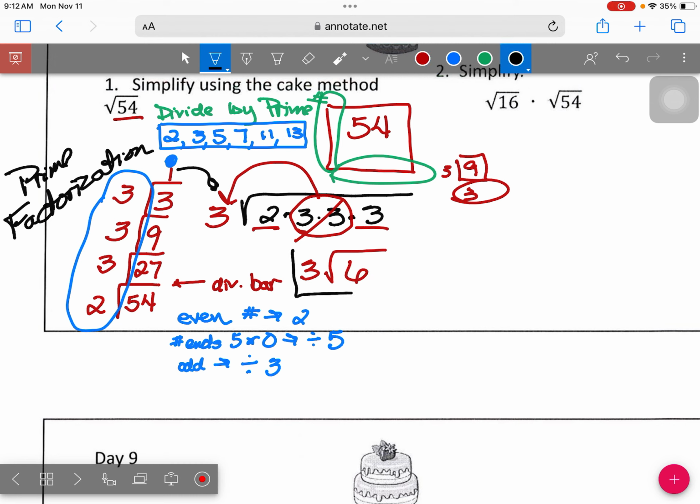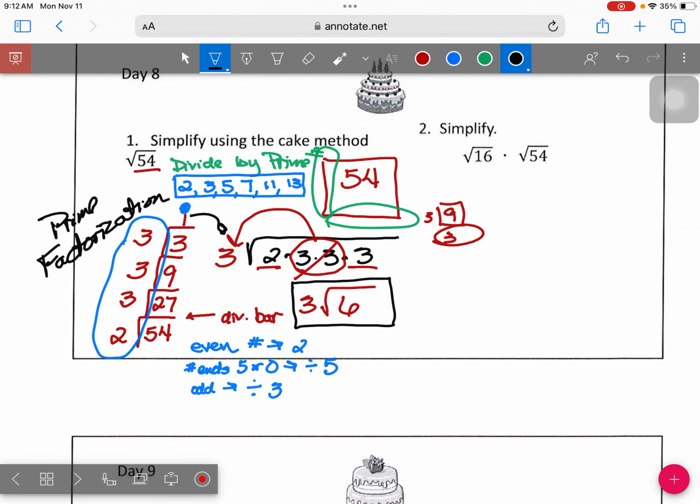So that is my simplified final answer for the square root of 54. Any questions on that? No? Okay. All right, let's go to the second one.